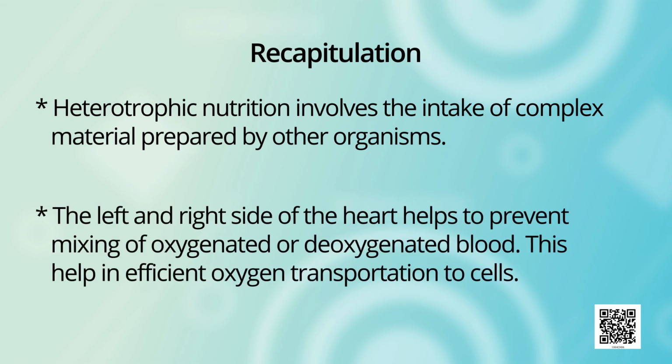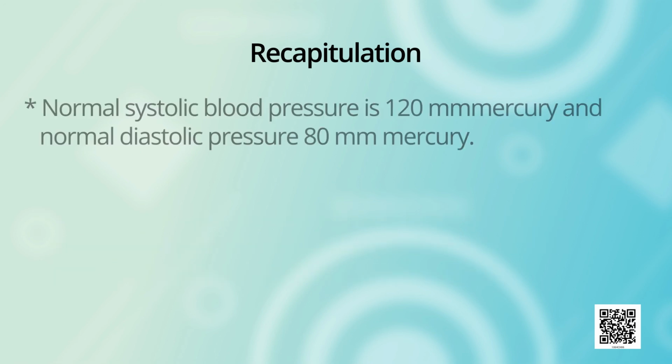The left and right side of the heart helps to prevent mixing of oxygenated and deoxygenated blood. This helps in efficient oxygen transportation to cells. Normal systolic blood pressure is 120 mm mercury and normal diastolic pressure is 80 mm mercury.